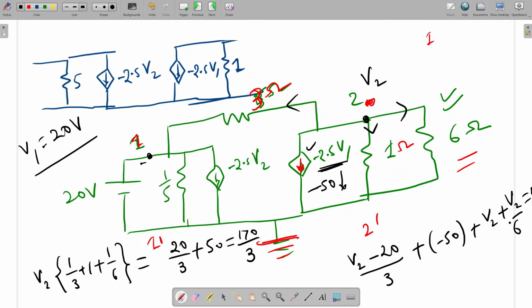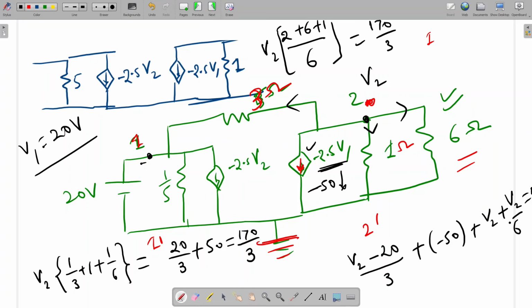Can anyone calculate the value of this voltage V2? So 3 and 6, the LCM will be 6 only. So V2 into (2 plus 6 plus 1) is equal to 170 by 3. Can anyone calculate the final value? I'm also calculating. 85, sir.